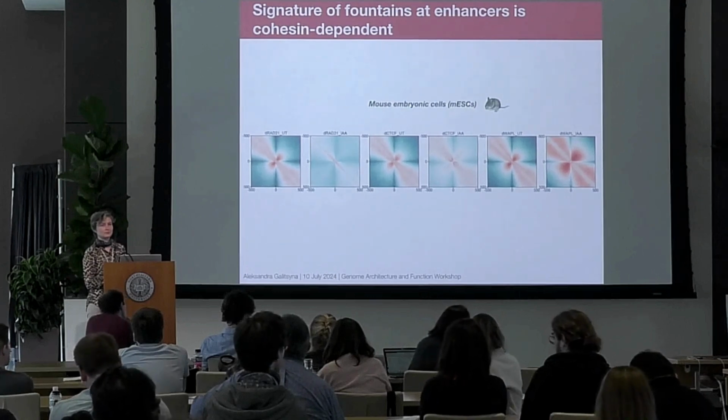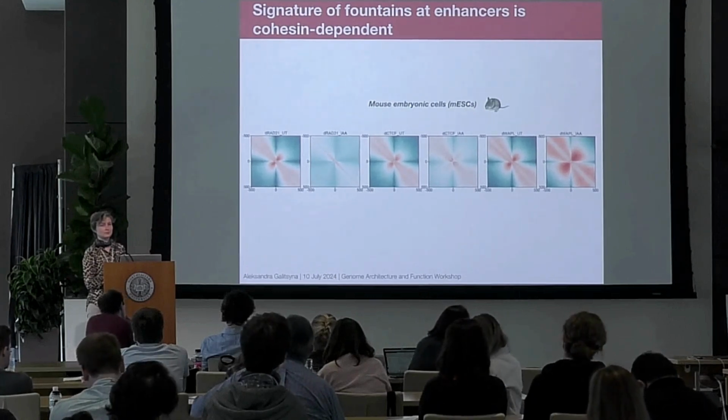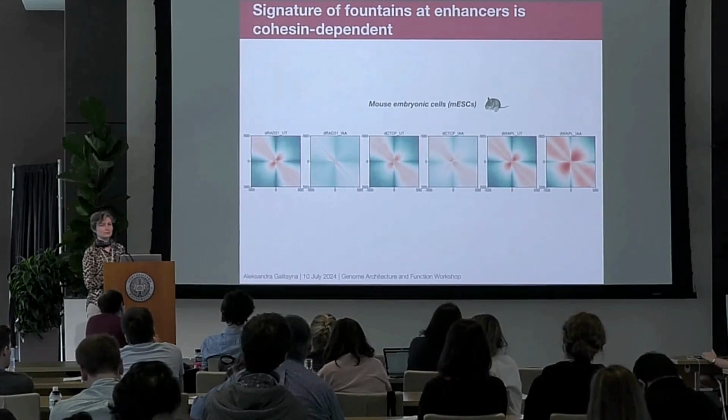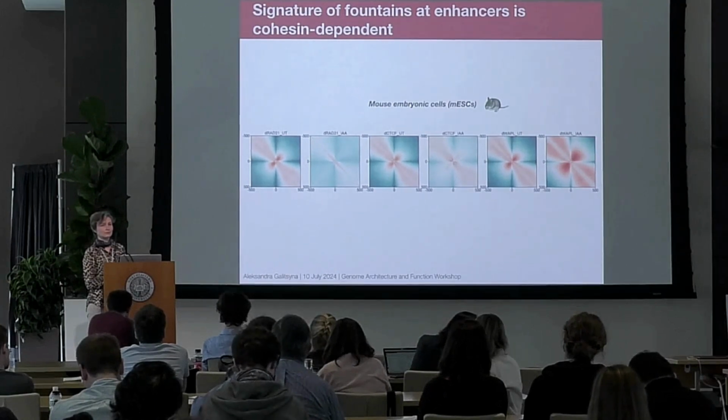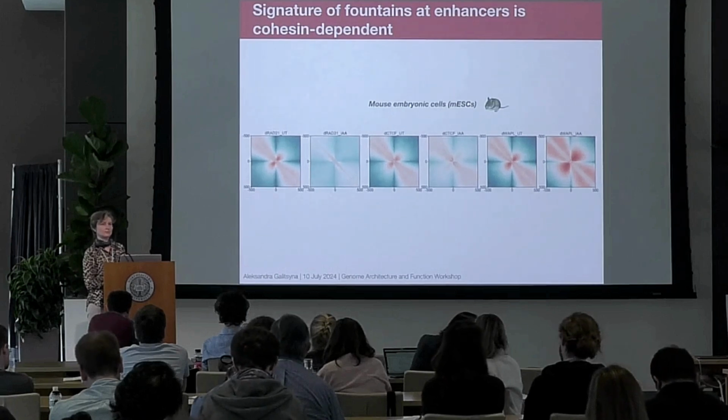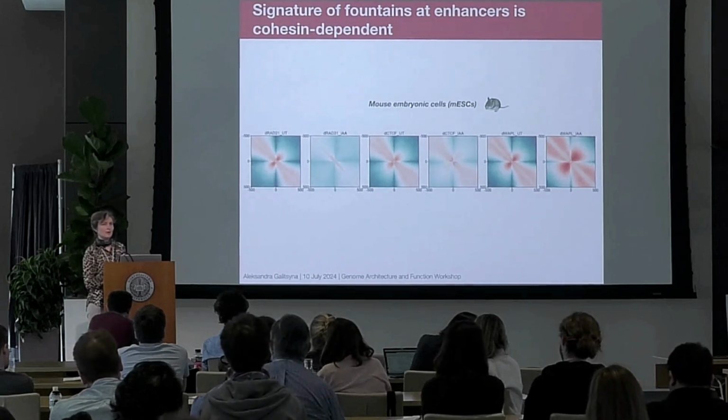The other thing is, I agree with you that in order to have the fountain, you have to have some sort of multi-cohesin interactions. You have this collision model, but you could come up with other explanations for multi-collision interactions, maybe some traffic jam on the connection, other things like that. How can we disentangle that?